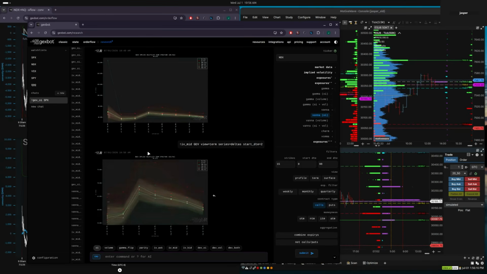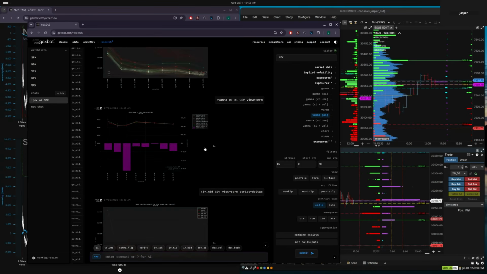Well, like I said, it's a combination of either OPEX, or if there's earnings, or if there's FOMC, but that's a little bit different now than it was maybe 3 or 4 years ago, or CPI, right?